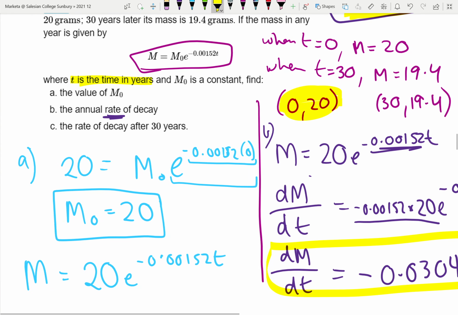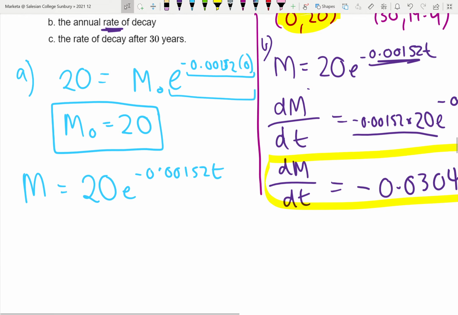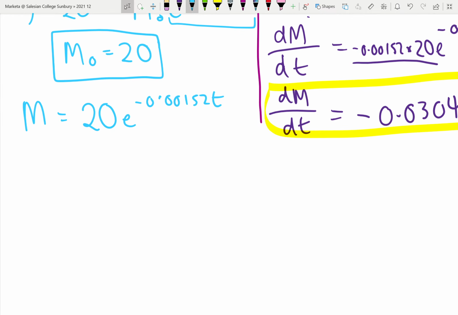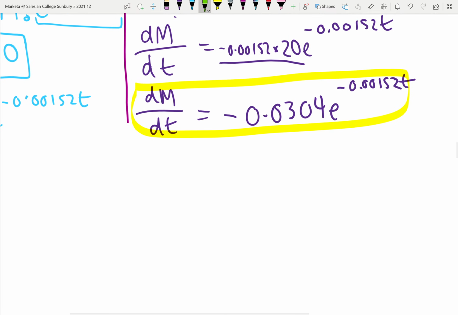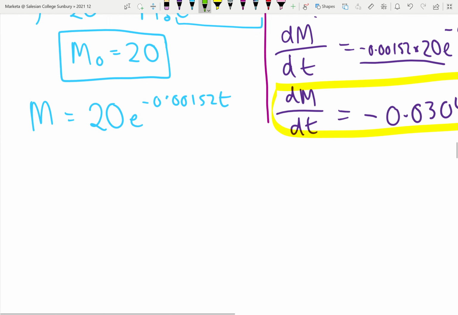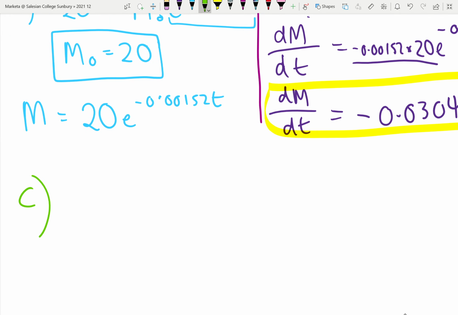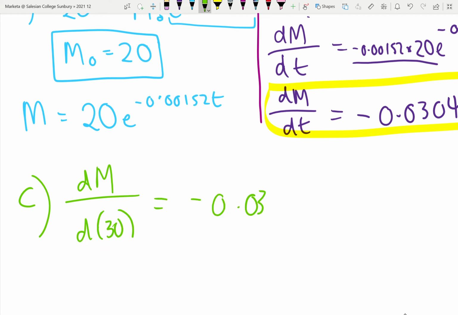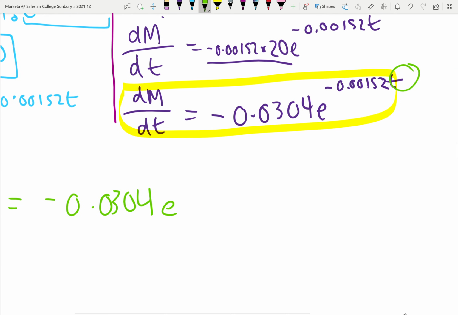And the rate of decay after 30 years, well, that really makes sense that we're just subbing a 30 into the value of t here. So part C, we're going to have, well, dM over dt at 30 is going to be negative 0.0304 e to the power of negative 0.00152 and 30.